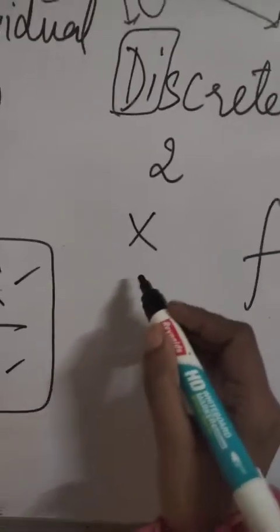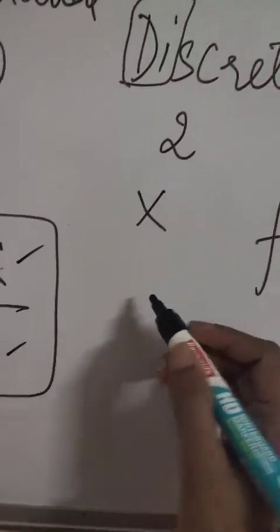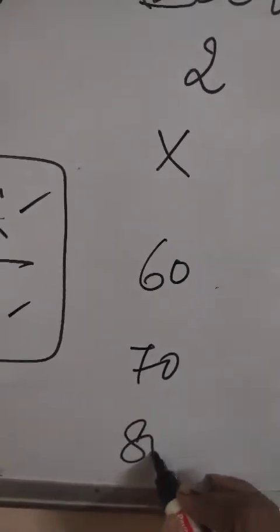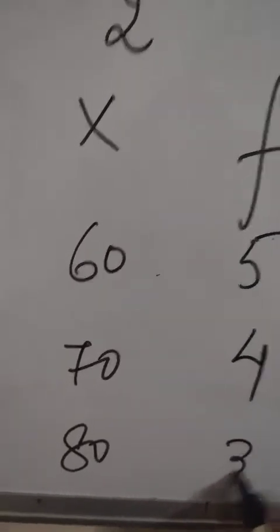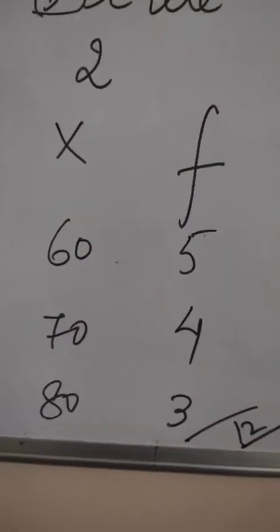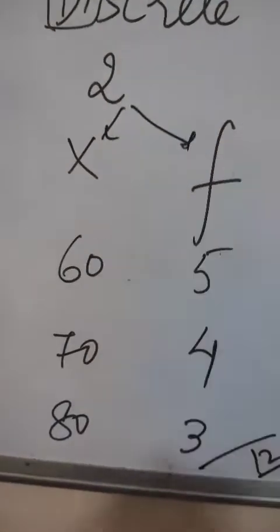Whatever the information is in the question, x can be, for example, marks, like 60 marks, 70 marks, 80 marks. What is the frequency? There are 5 children, there are 4 children, there are 3 children, right? Assuming that there are 12 children total in the class. This gives you information of 2 values, x and f.